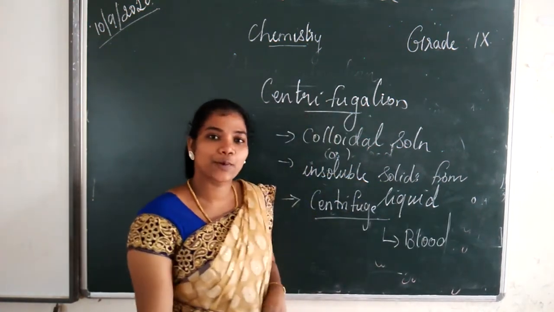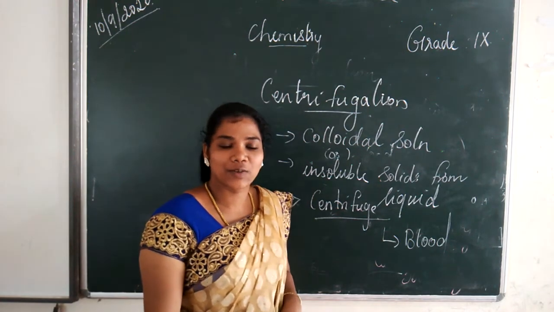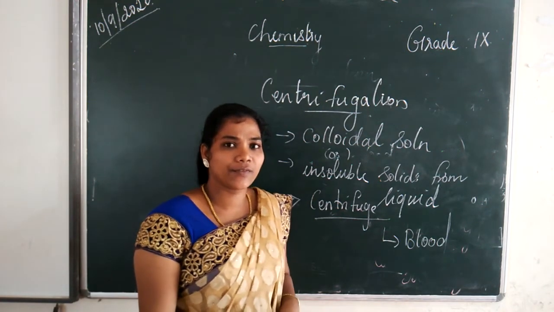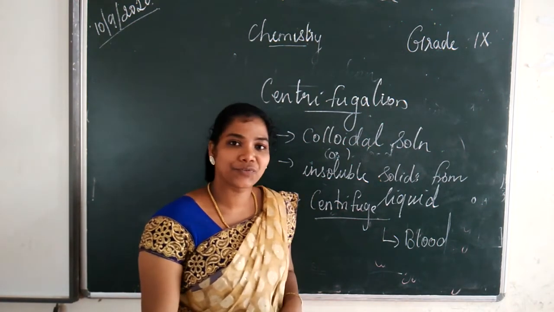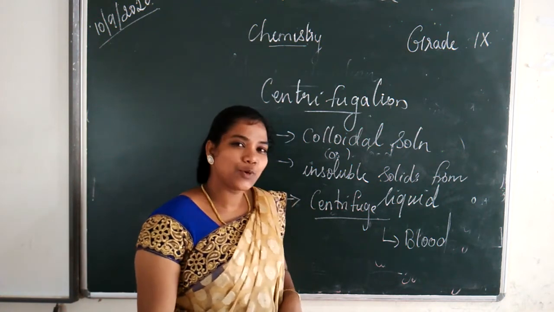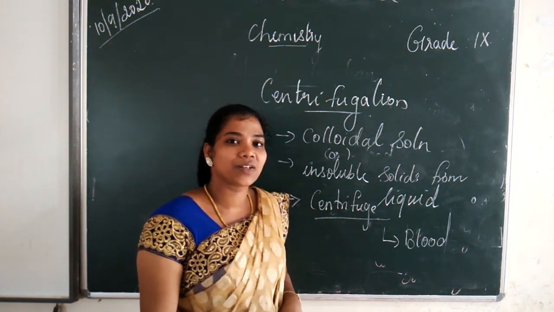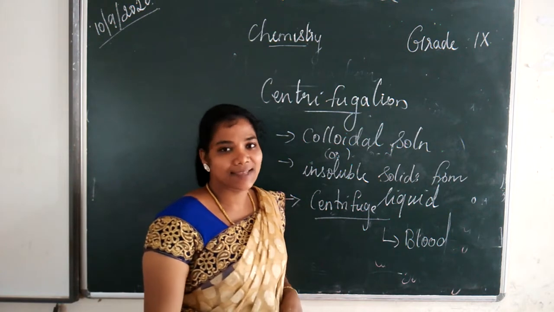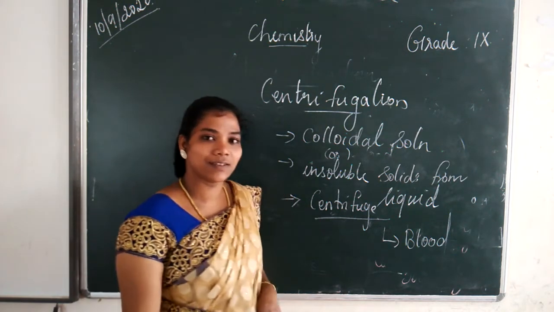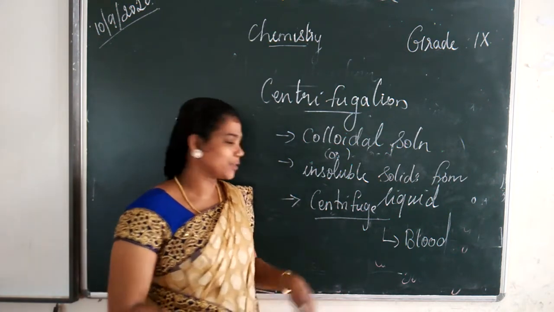You can see the centrifuge in laboratories and hospitals everywhere, and it is mainly used there to separate the components from blood samples, urine samples, etc. So if you get the chance, you can see it.